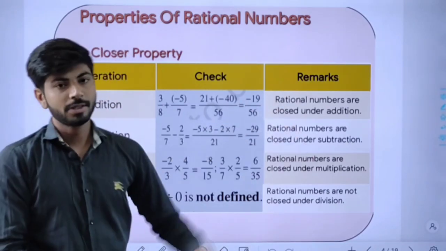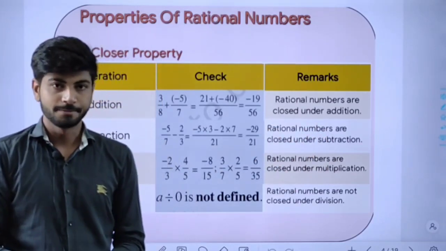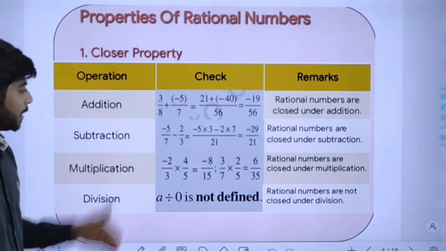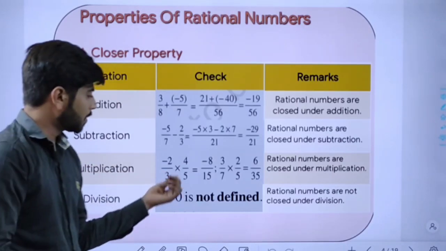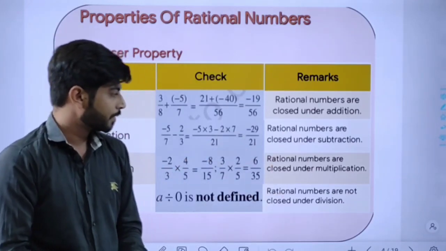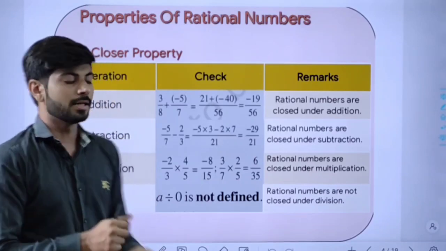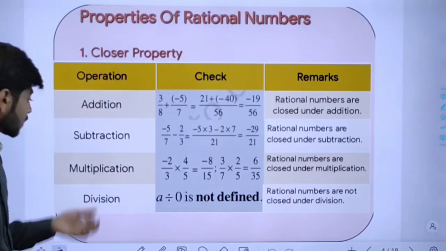So what will be the remark? Rational numbers are closed under subtraction. Okay, similarly for multiplication, if we multiply two different rational numbers, we will also get a rational number. So rational numbers are closed under multiplication also.